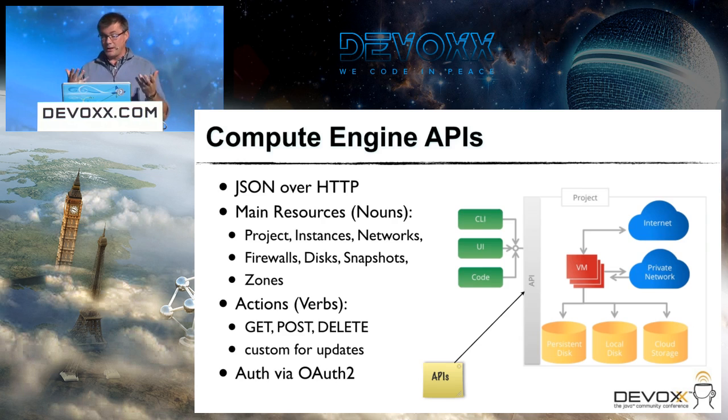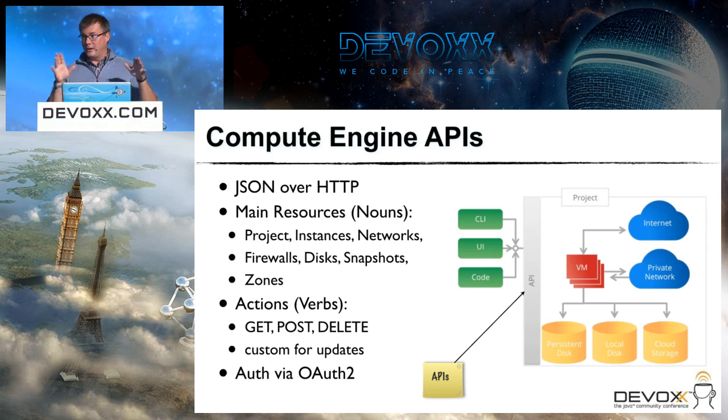You deal with project, instance, network, firewall, disk, snapshots very soon. And you have actions. So you want to get the list of your VMs or get the settings for your firewall. So it's very easy. If you know JSON format, then you can use it whether you are using JAX-RS as the Java client, or Python, or curl if you want.